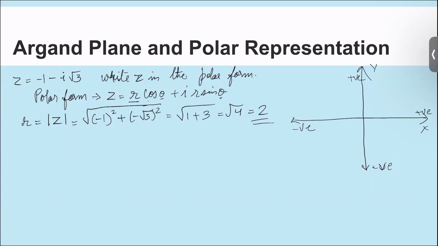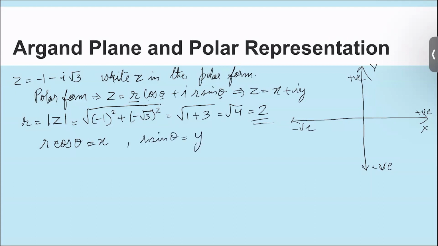If you equate the polar form with the general form x plus iy of the complex number z, you can write that r cos theta is equal to x, and r sin theta is equal to y.